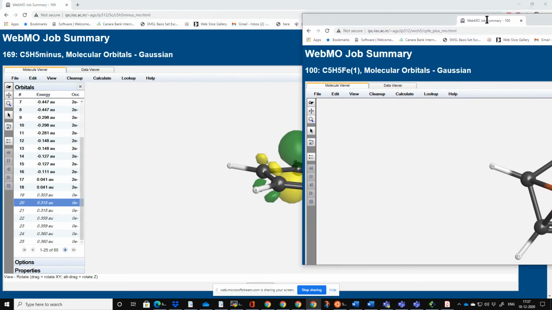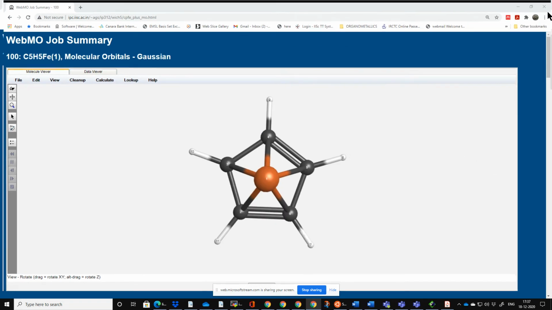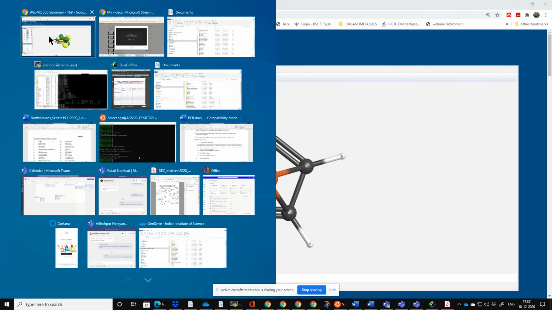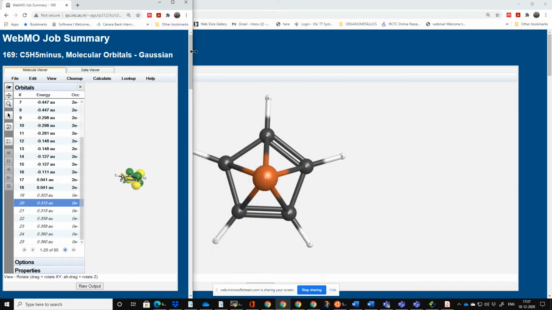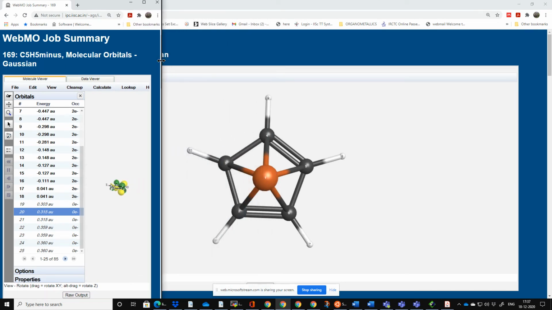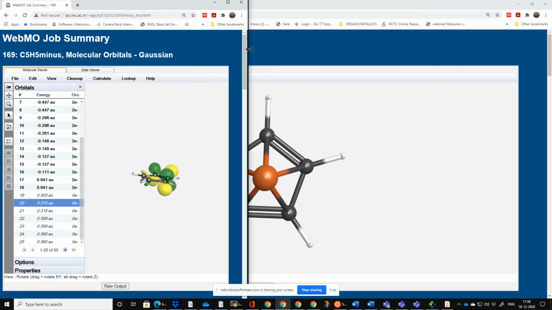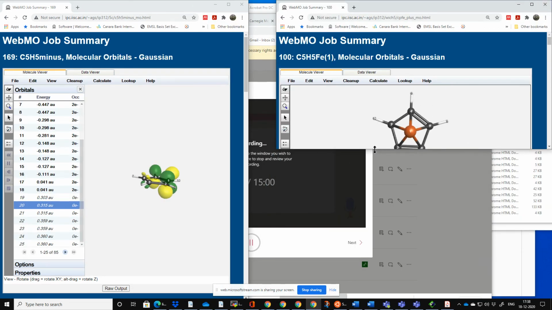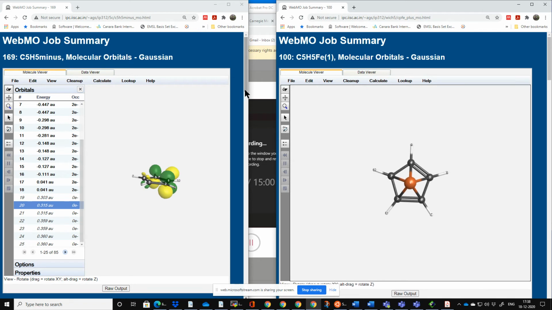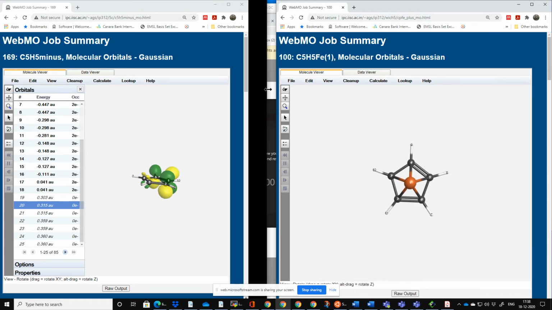I can disconnect this web page so that I get the Cp ring on one side, and I get the cyclopentadienyl group on the other side.